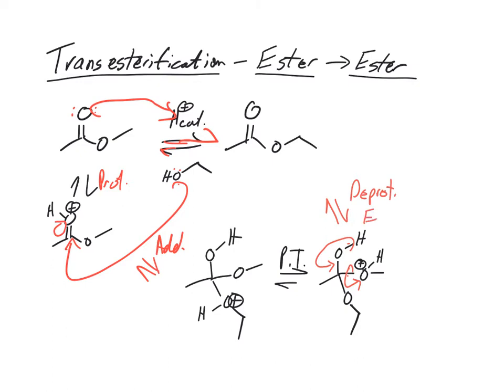This becomes our new H+, new pi bond right here, new ester, and we also make, of course, the other byproduct, which is the other alcohol. So that's the transesterification, a way to convert from ester to ester in acidic conditions.